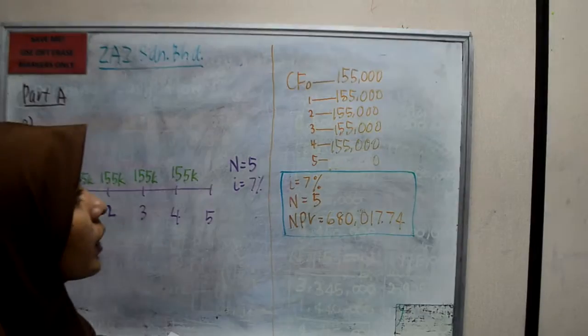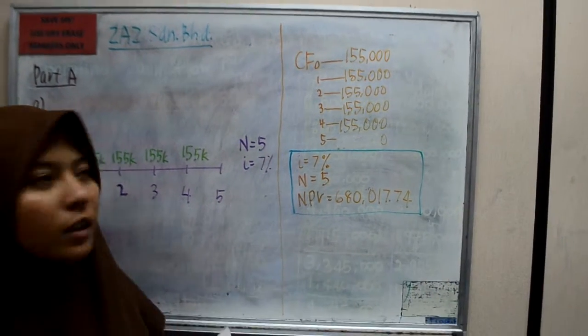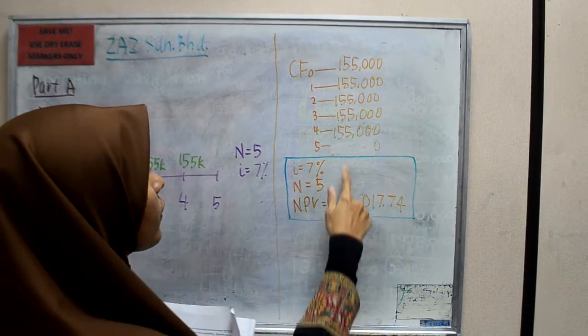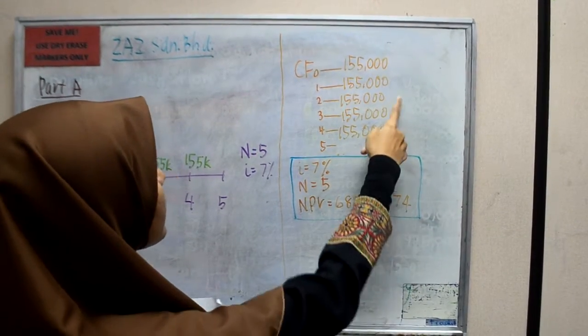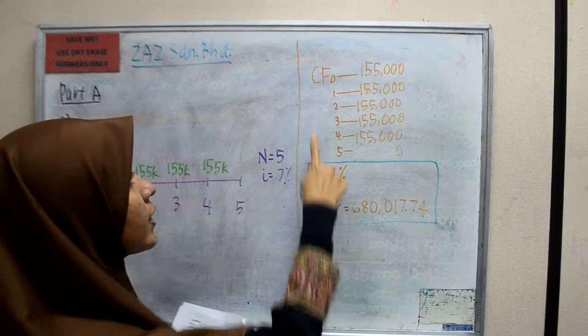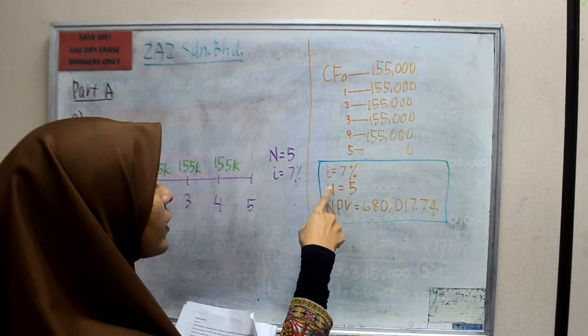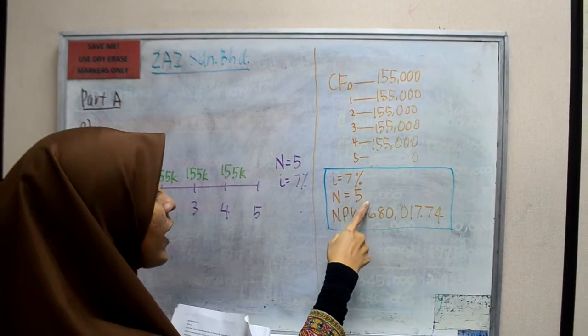So, by using the financial calculator, we insert this amount of 155,000 ringgit in the CFj, and then insert the 7% of interest and the year of 5.